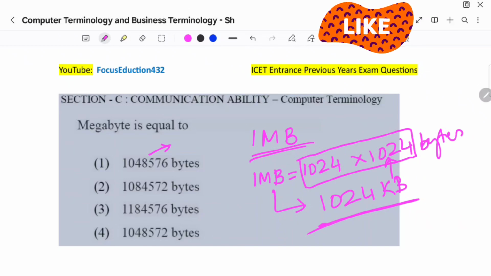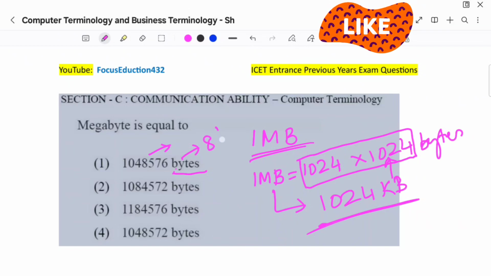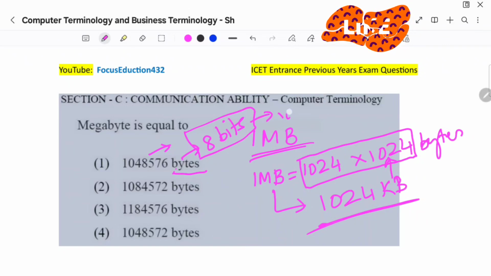That is 1,048,576 bytes. 1 byte is equal to 8 bits. This is also a question you may get in the exam. 8 bits, a combination of ones and zeros, make 1 byte. 1024 bytes make 1 KB.